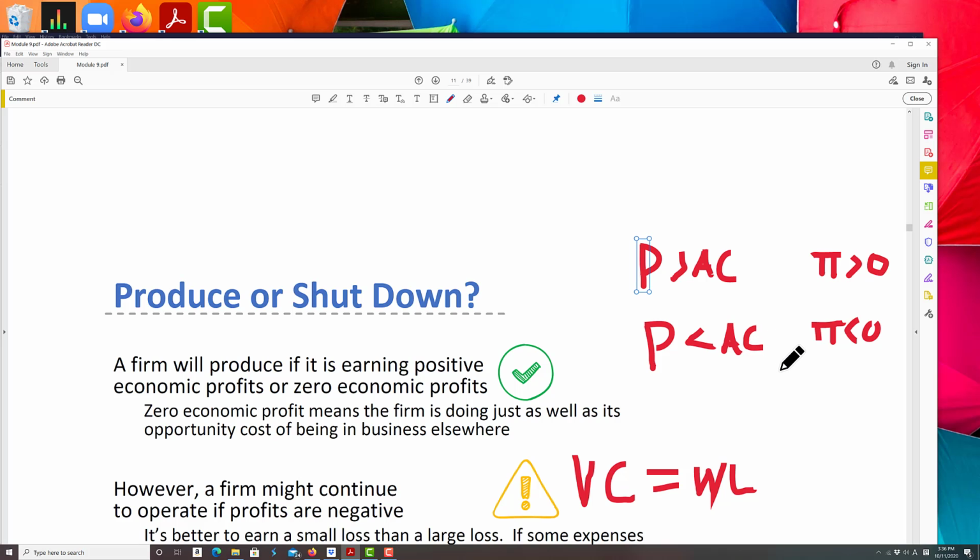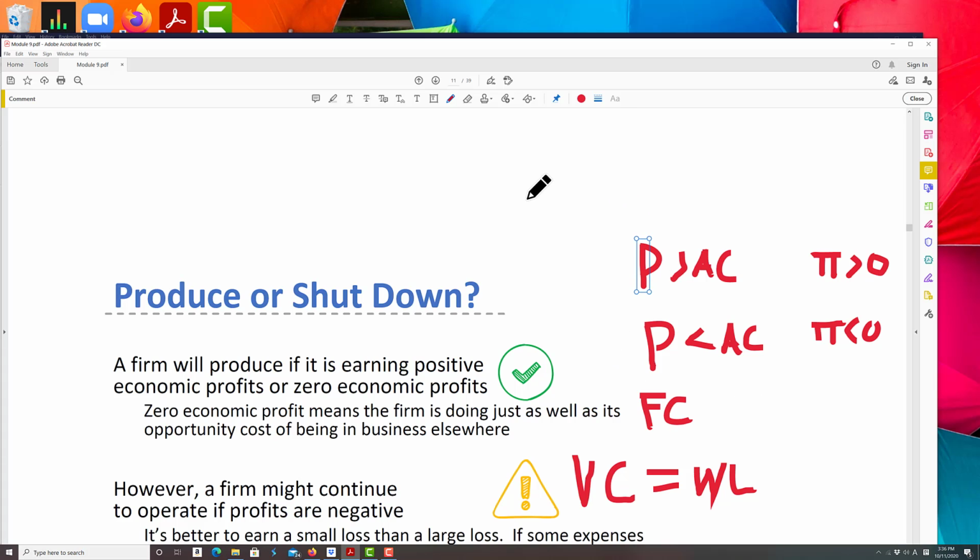Now you have to make a decision, to be or not to be. Should the firm sustain the loss and continue producing this output or not? Well, the answer is it depends. Remember, fixed cost is fixed. It does not affect production decisions.